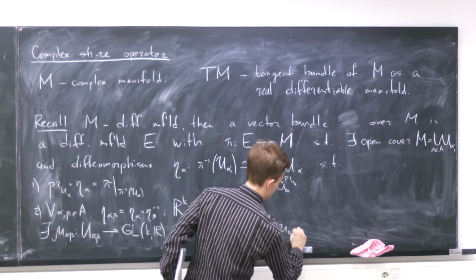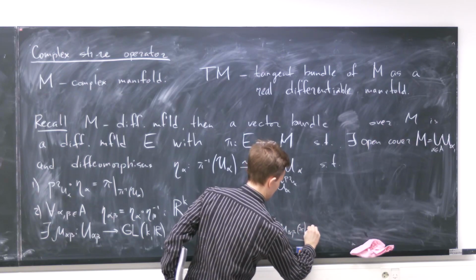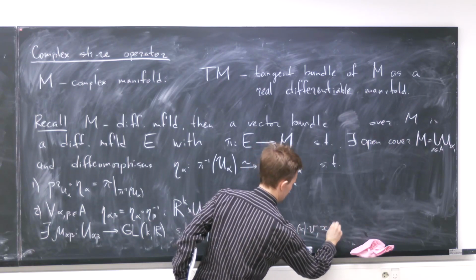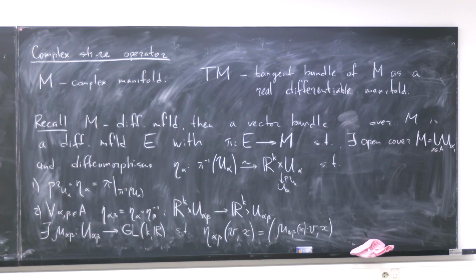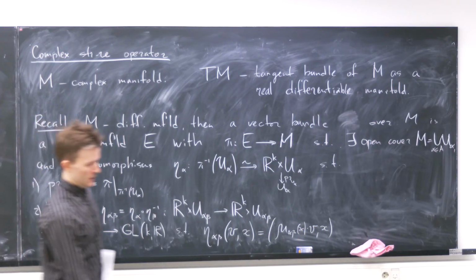So this will be mu alpha beta of x applied to v, comma x. So these transition functions are just linear along the fibers, right?